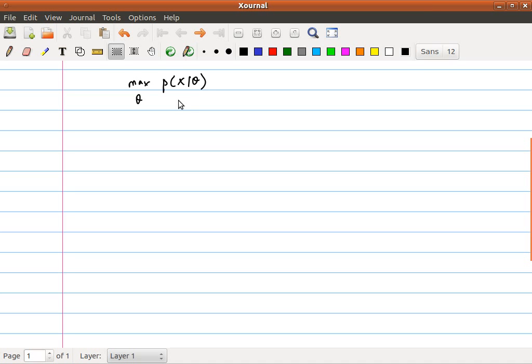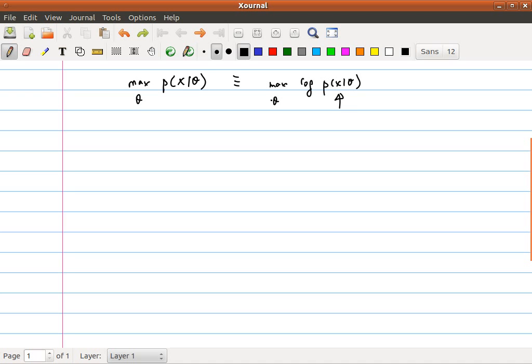Anyway, recall that what we are trying to do here is estimate theta given x, some observation of x. If I do a maximum likelihood estimation, basically I'm trying to maximize P of x given theta, the likelihood, with respect to theta.